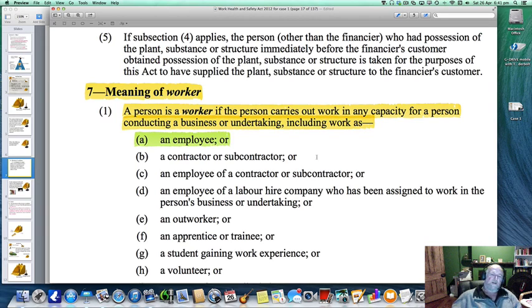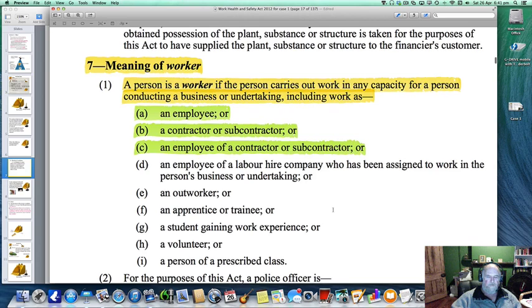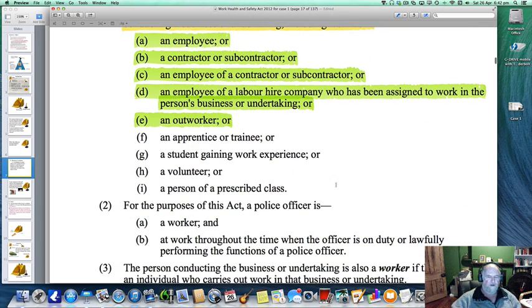Remember there were a few other people there as well. There were a couple of truck drivers and the guy who was driving the front-end loader. They could have been contractors, still covered. An employee of a contractor or subcontractor, still covered. An employee of a labour hire company assigned to work in the person's business or undertaking, still covered. An outworker, I don't know whether they define that or not.